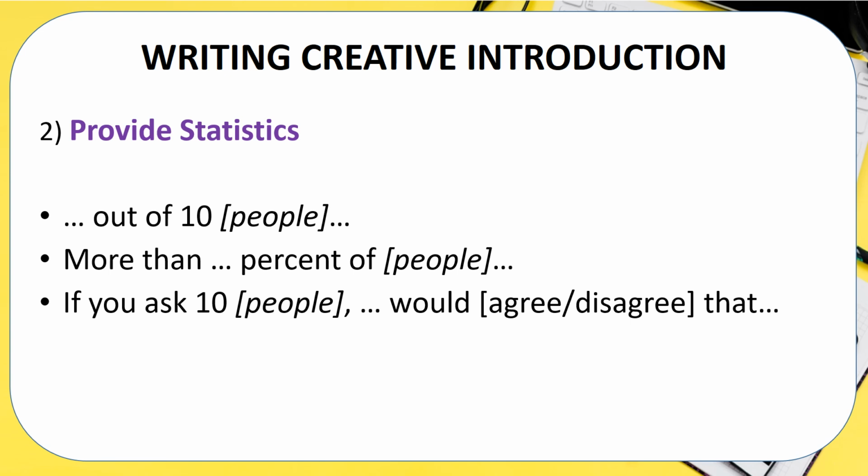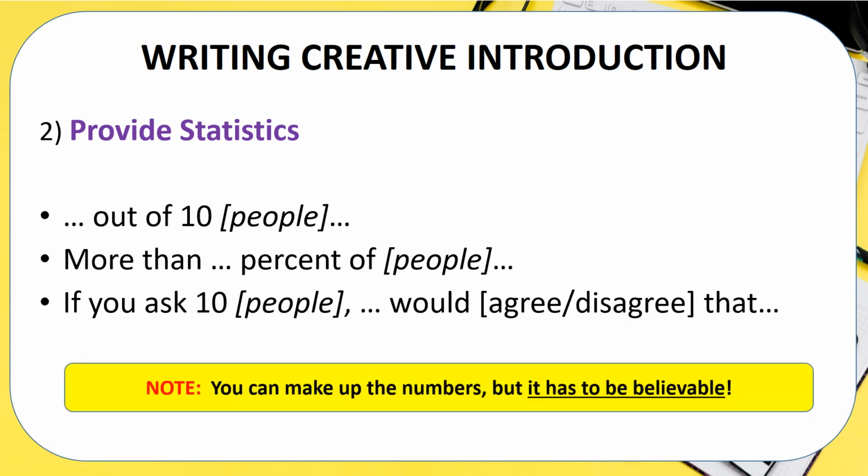Right. You may be asking me, how are you supposed to give statistics during exam? How would you know that? Of course, you do not know that. So what can you do? You can make up the numbers, but make sure it has to be believable, right?